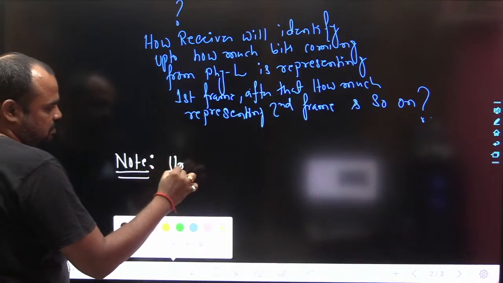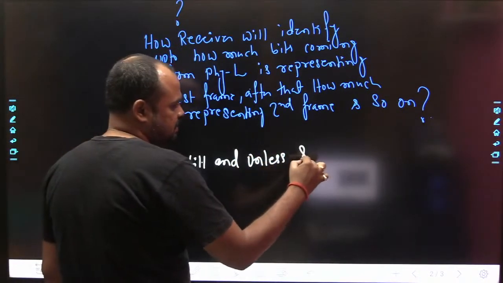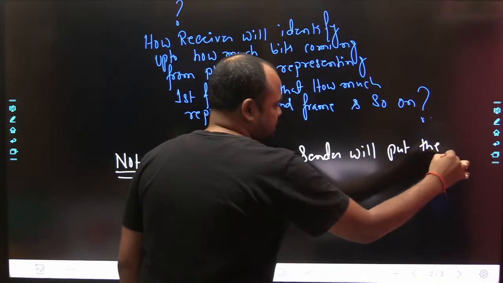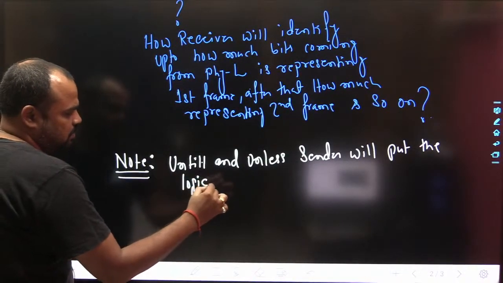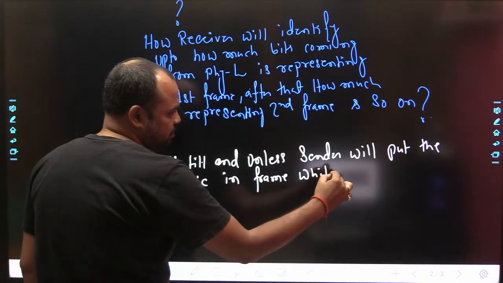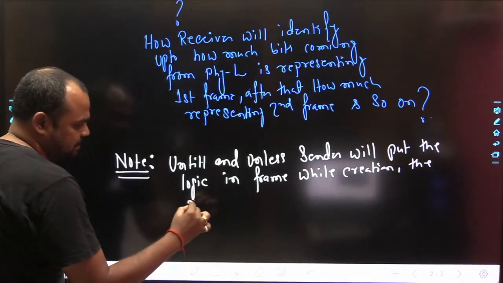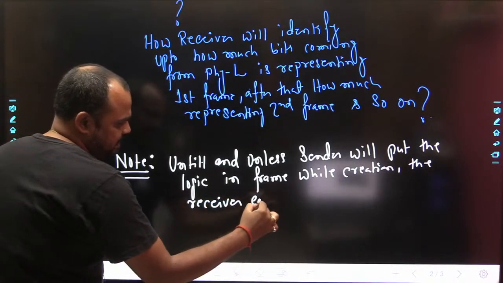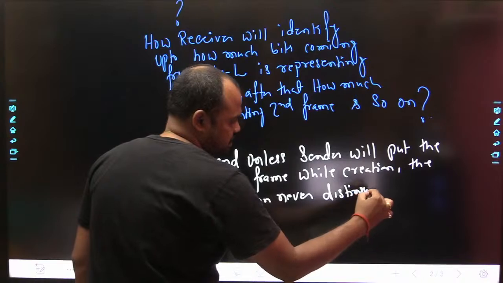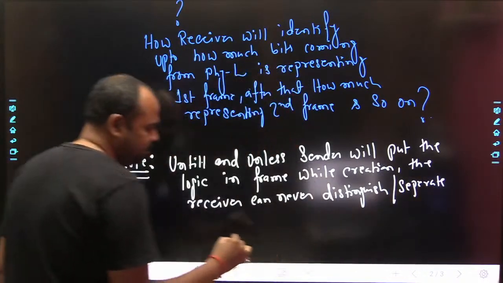Until and unless the sender puts the logic in the frame while creation, the receiver can never distinguish, or you can say separate, individual frames.